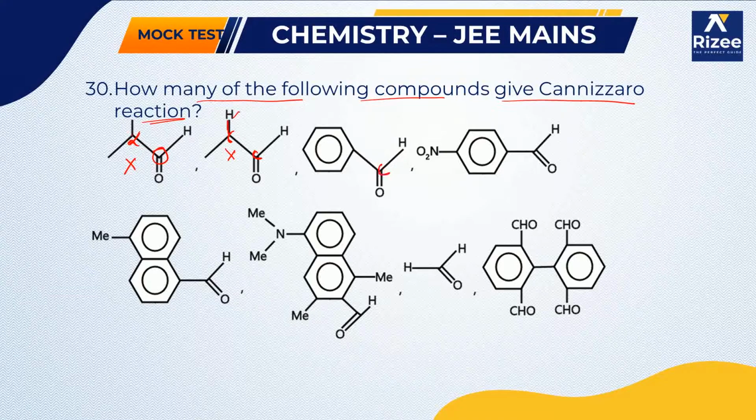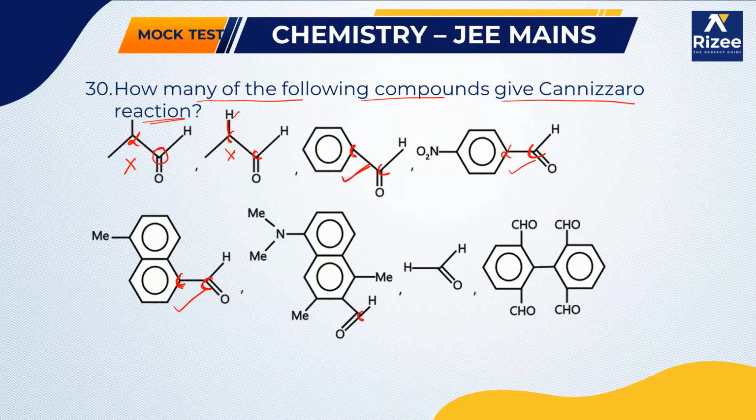So this is the alpha carbon here and this is the alpha carbon, this does not contain any hydrogens, so this will show our Cannizzaro reaction. And here this is the functional group and this is the alpha carbon, it is also not containing any hydrogen, so it will also show Cannizzaro reaction. Here also this carbon does not contain any alpha hydrogen, so this will also show Cannizzaro reaction.